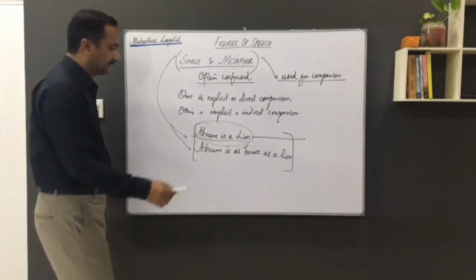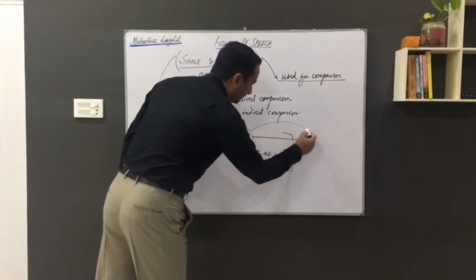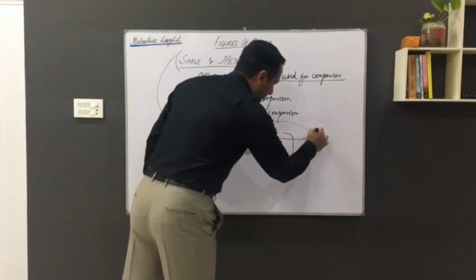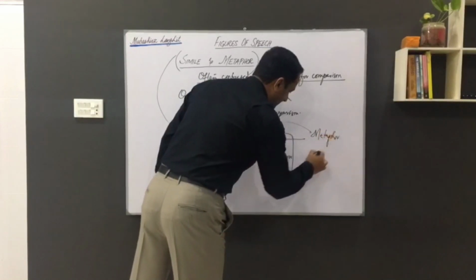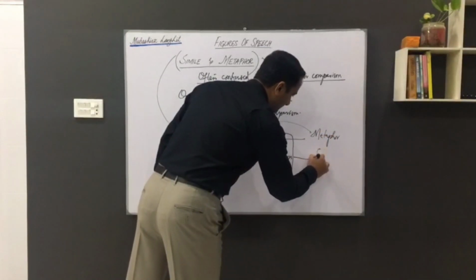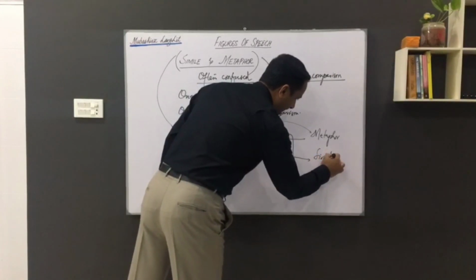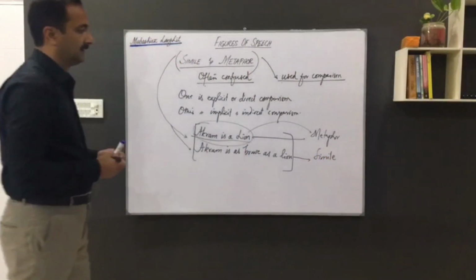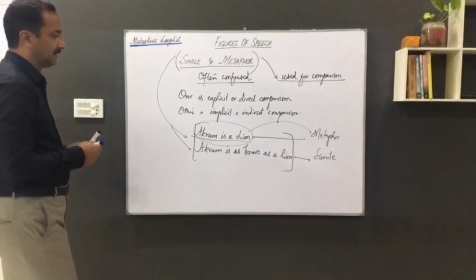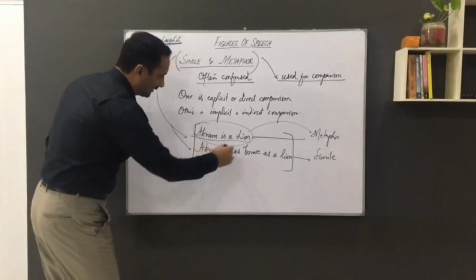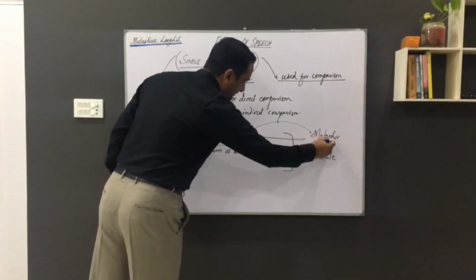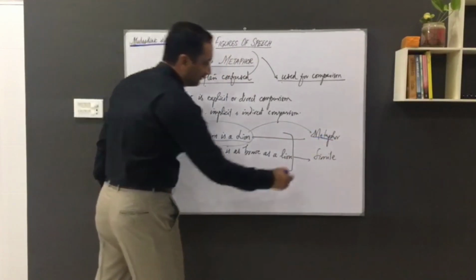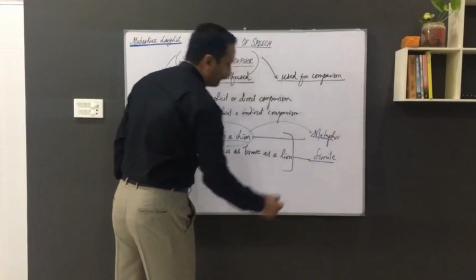Now, this is an example of metaphor, and this is an example of simile. Now, on the basis of this comparison, students mostly say that metaphor is direct comparison and simile is indirect comparison.